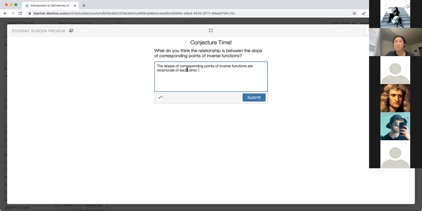So the slopes of the corresponding points of inverse functions, that's what we mean by they, right? So the slopes of corresponding points of inverse functions are reciprocals of each other. We want to be really careful too that we don't just use words like opposite or inverse. We want to be specific. When we say reciprocal, that's when we mean the 1/, right? Okay.